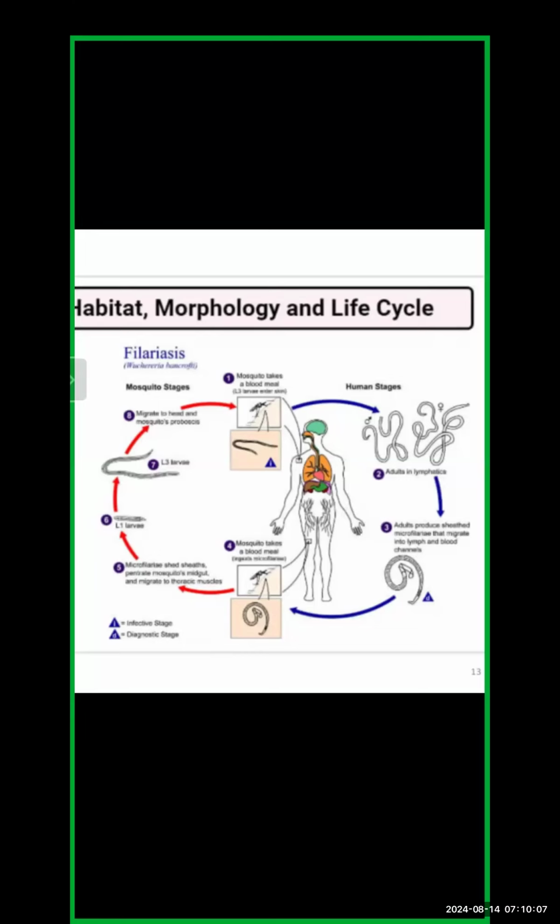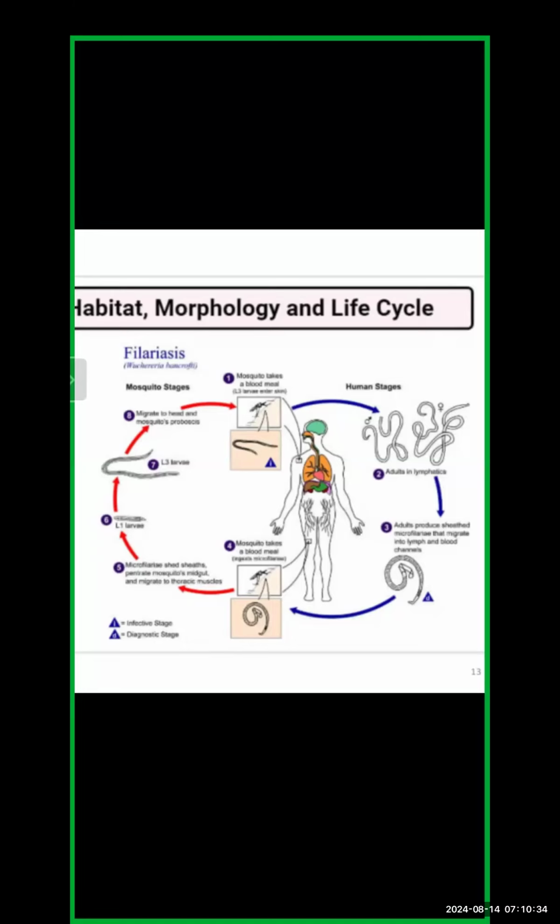So the microfilaria then goes to the midgut and migrates to the thoracic muscles of the mosquito. Then it develops into the L1 larvae, L2, then L3 larvae, the infective filaria, which then goes to the head and the mosquito proboscis.